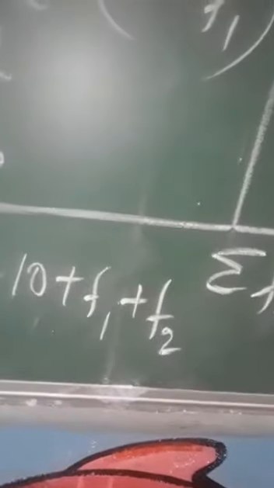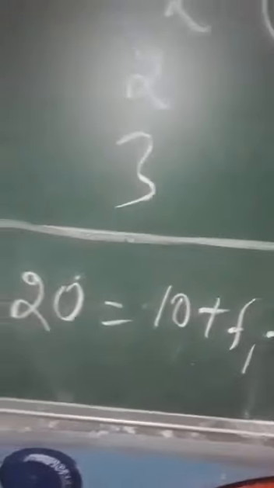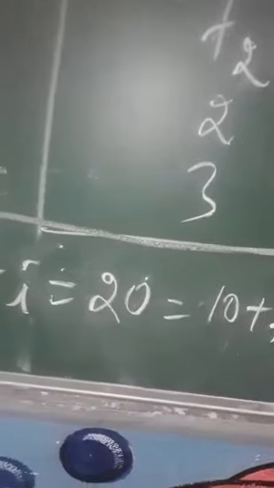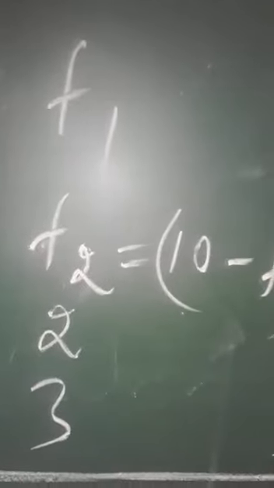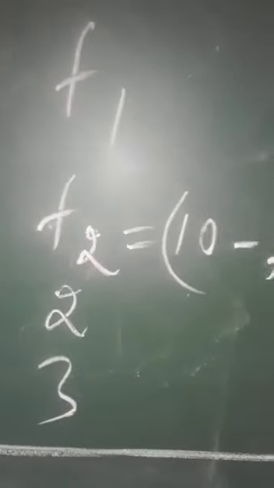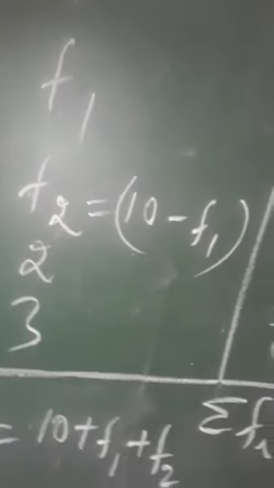So f2 can be expressed as 20 minus 10 minus f1, which gives us the result 10 minus f1. It means that we have obtained f2 is equal to 10 minus f1. It is the relation of f2 and f1.